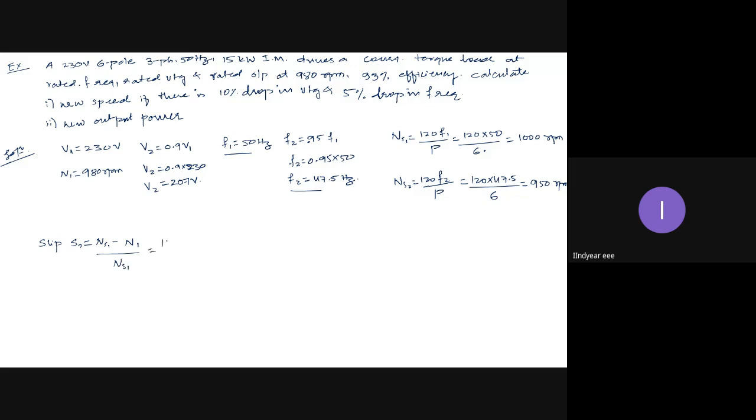That is 1000 minus 980 divided by 1000. So this is 0.02, or 2%.